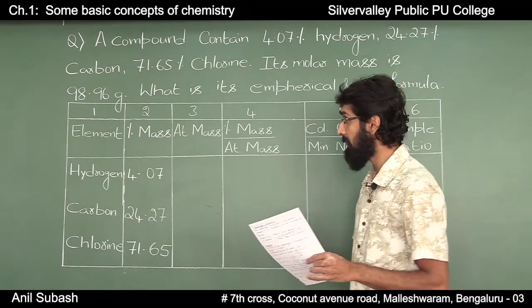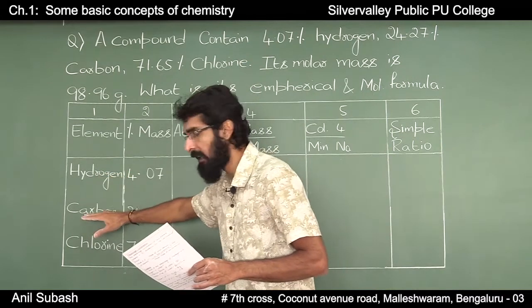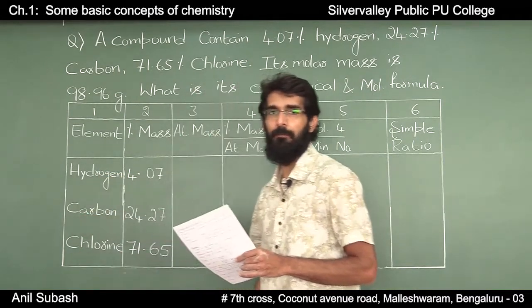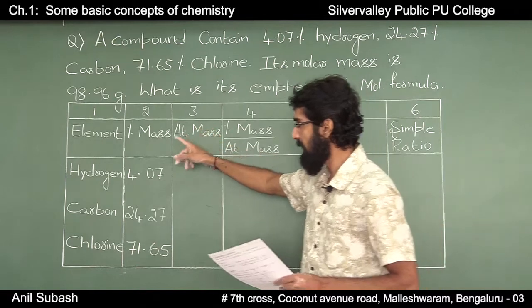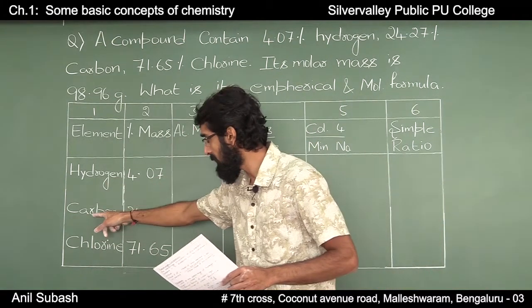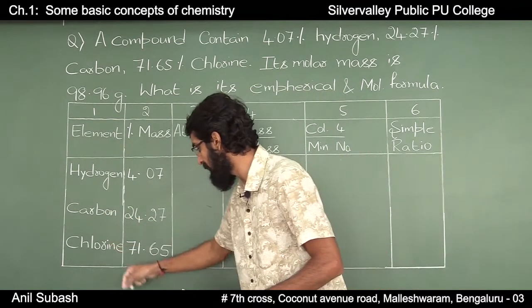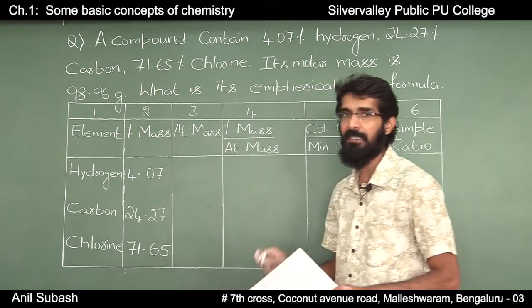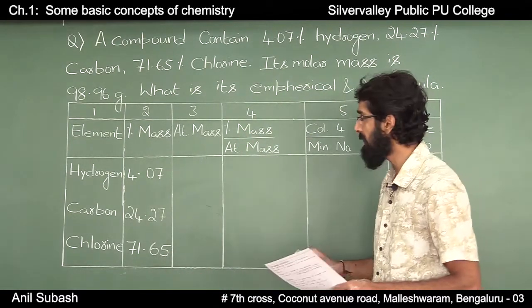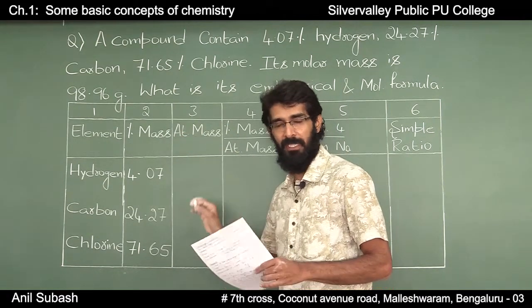It has been given that a compound contains hydrogen, carbon and chlorine, and the mass percentage of hydrogen is 4.07, mass percentage of carbon is 24.27 and mass percentage of chlorine is 71.65.